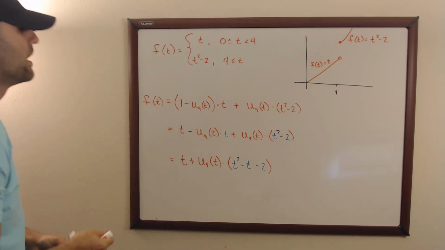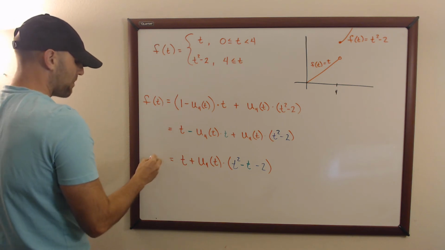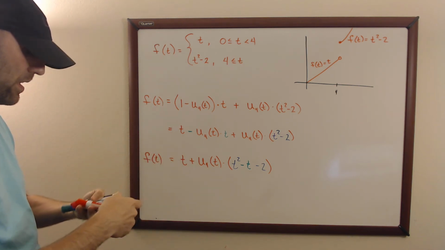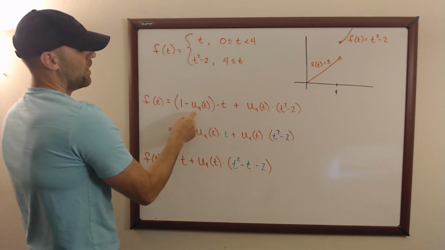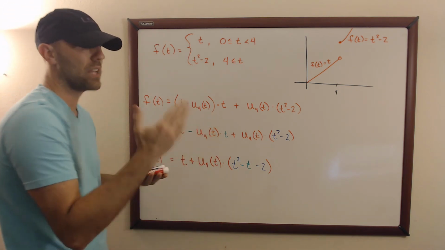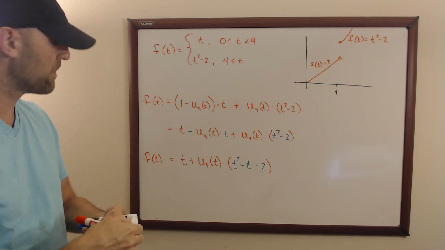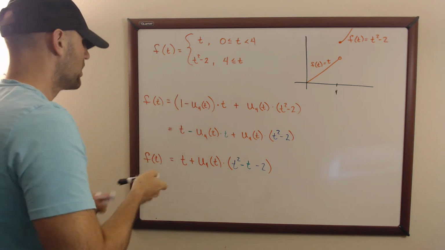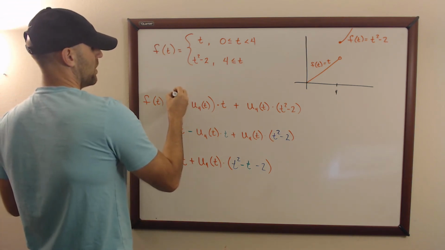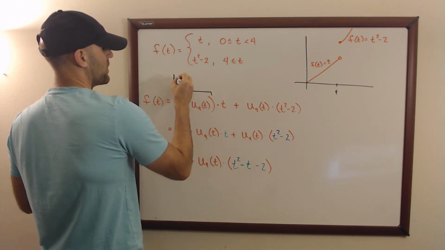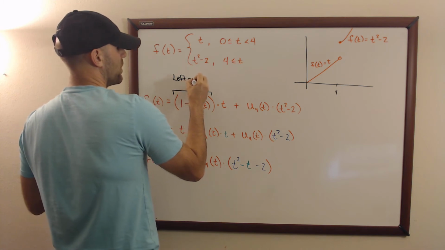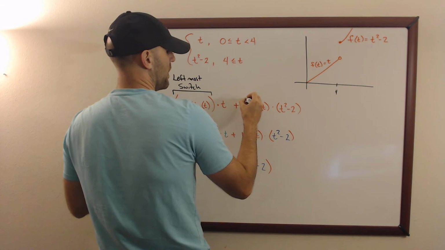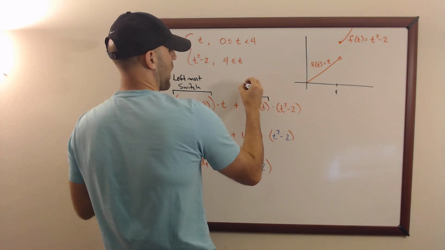Okay. All right. So this is fine, right? And in general, this will always be the switch for your leftmost piece. So right here, this is always the leftmost switch, and this will always be your rightmost switch.